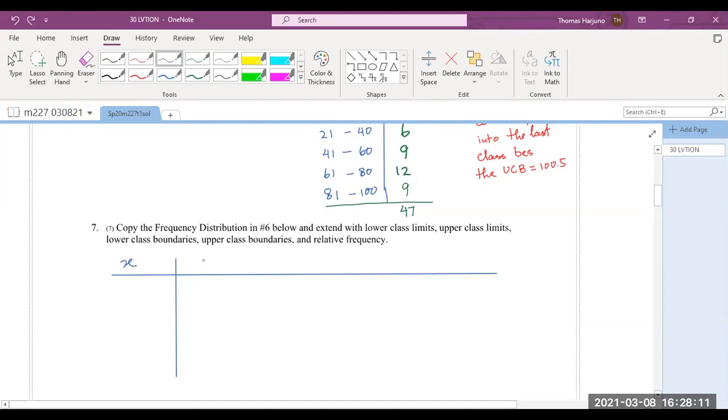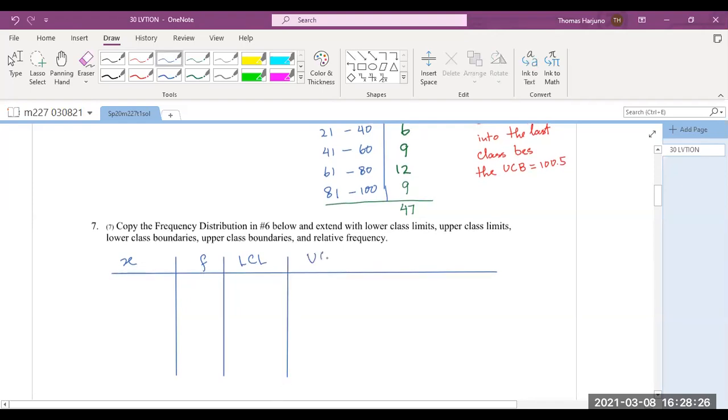Frequency. And then lower class limit. Upper class limit. Lower class boundary. Upper class boundary and relative frequency.